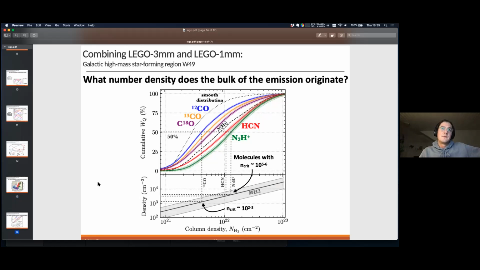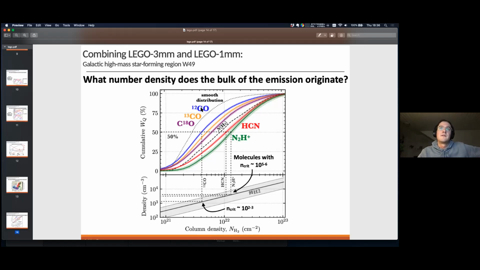And then lastly, we can link this to more physical parameters, so the density of the cloud. Here we plot, again, the column density on the x-axis, and we plot the cumulative distribution function of the line emission across the source for the different molecular lines.